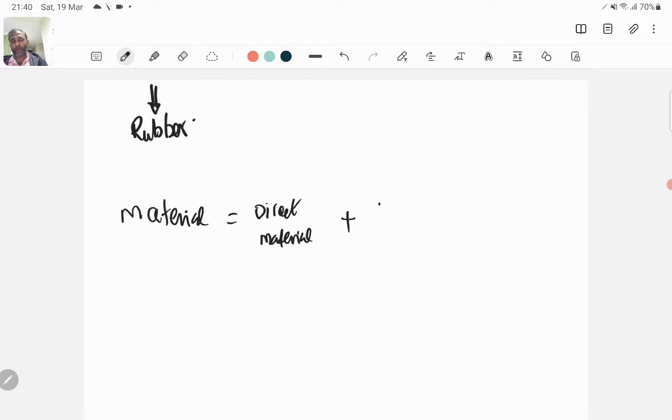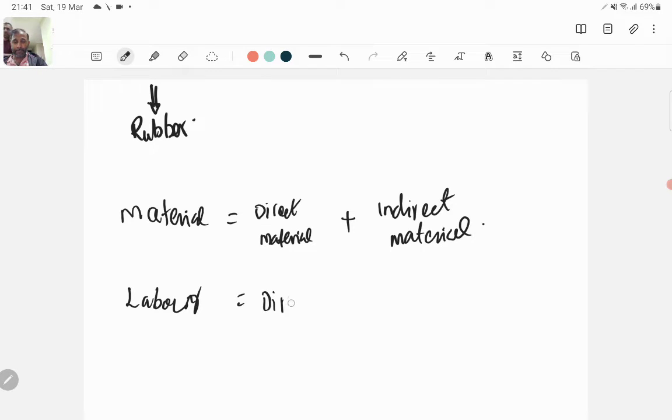The other we call indirect material. The second element is labor. The labor again has two types: direct labor plus indirect labor.